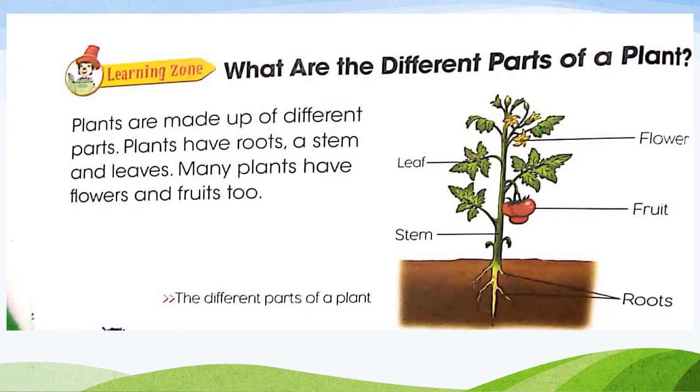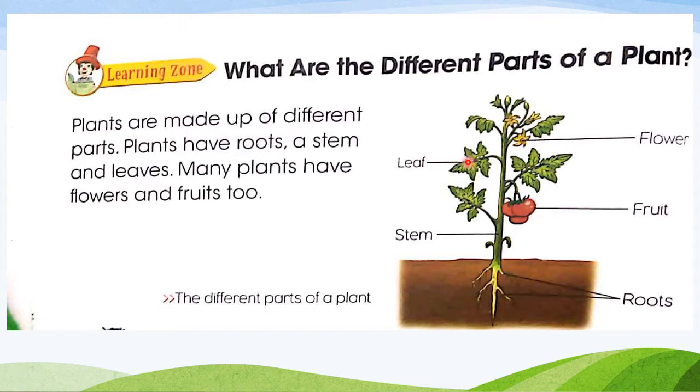Today, we are going to learn about different parts of plants. What are the different parts of plants? Dear students, plants are living things that can make their own food. A plant is made up of different parts. Plants have roots, a stem and leaves. Here are roots, this is the stem, and these parts are known as leaves.